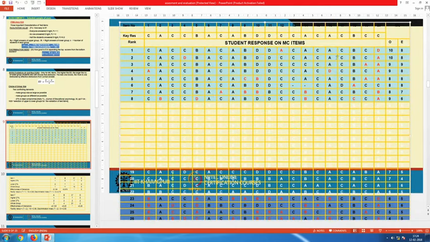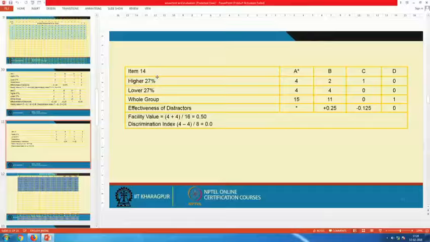So, I have a class, forget about the other things, the odd and even and all those things. Let us say total marks are there, 18, 17, all total marks are there.